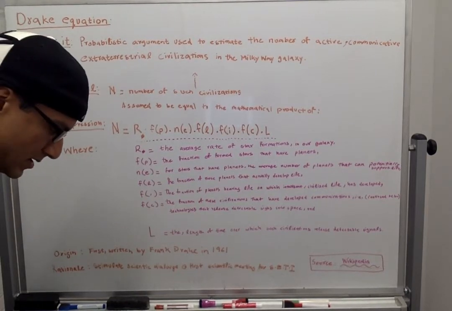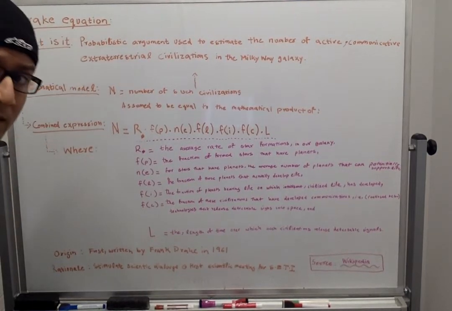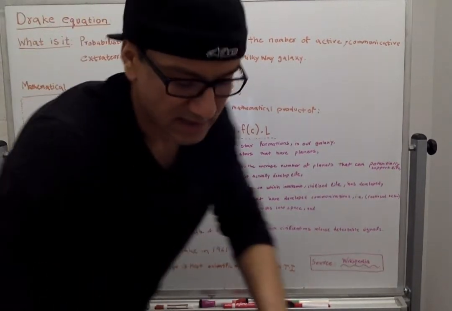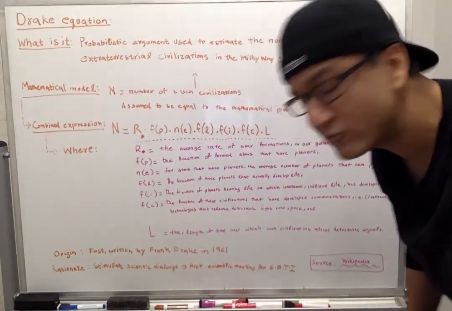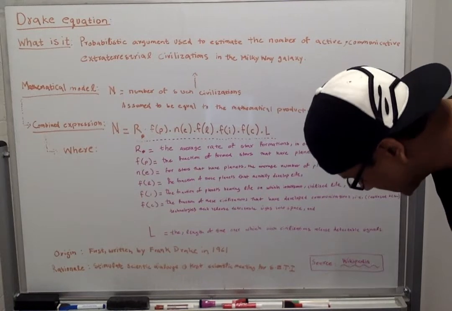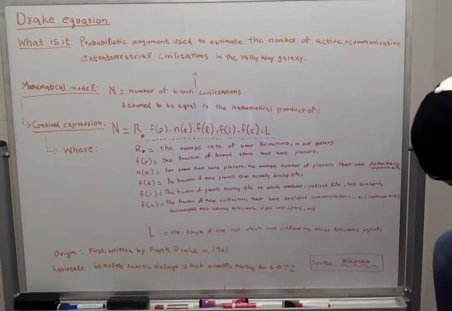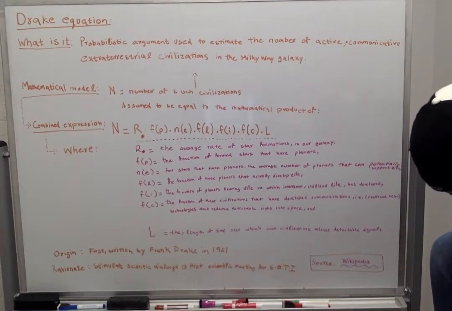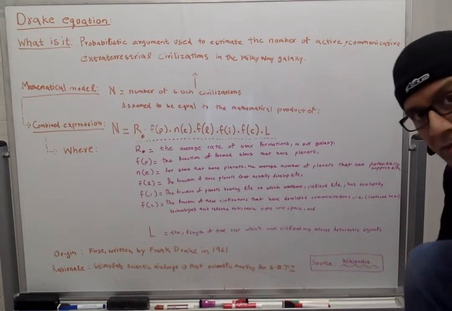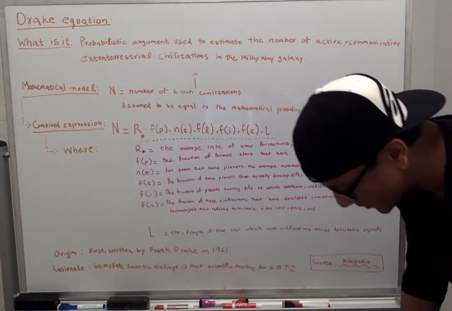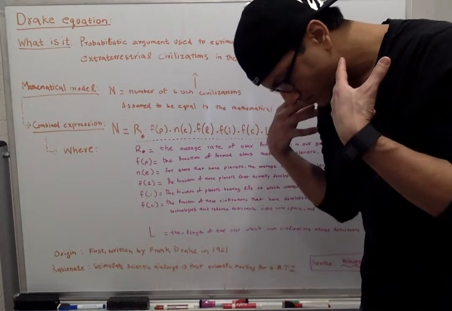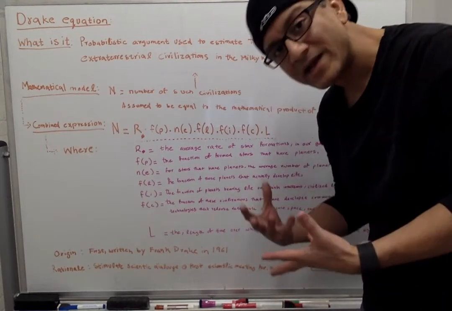When you go to the entry, you'll see individuals like Seager who have taken Drake's equation and have successfully applied it towards finding exoplanets.